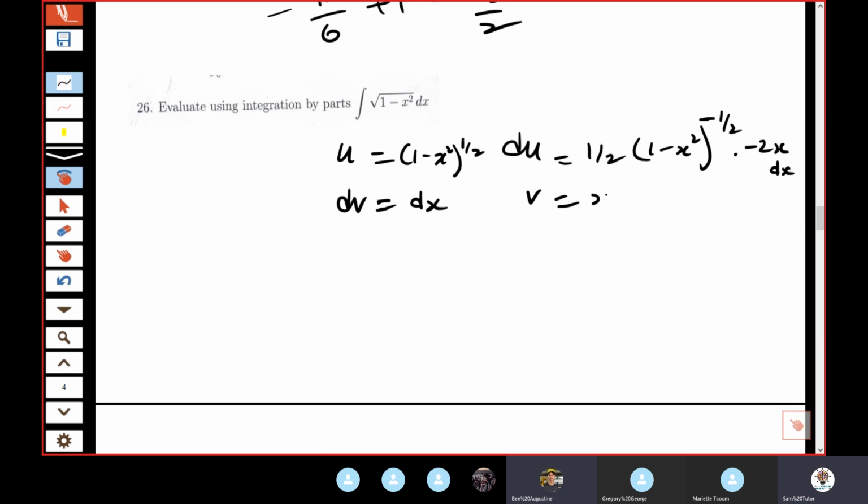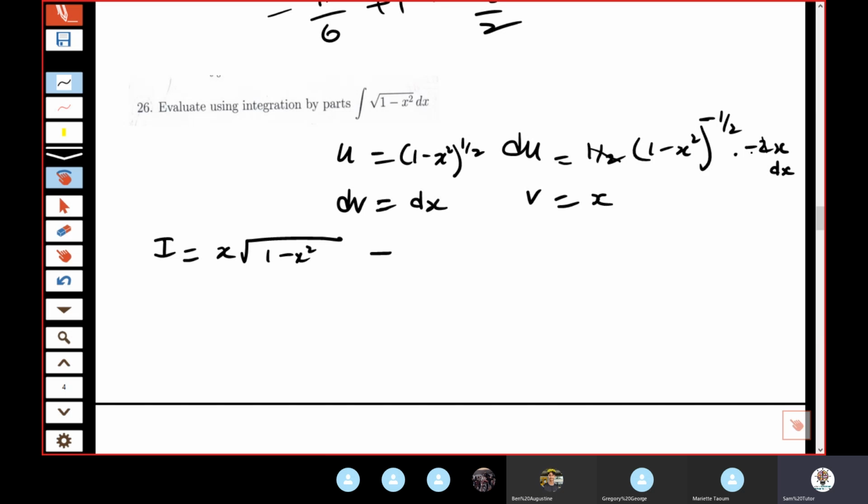V is just x. And then I equals x times root, so x root 1 minus x squared, minus. Now, half times 2, so look at the way I keep doing it. Half times 2, I'll cross that out.